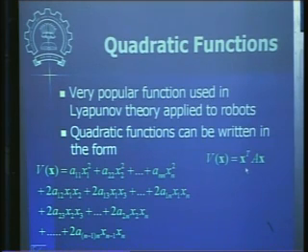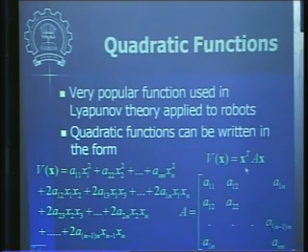And this A is a matrix given by this expression. A is a symmetric matrix. You can see that the element A12 is the same as element A21, because the term 2A12 x1 x2 comes here.